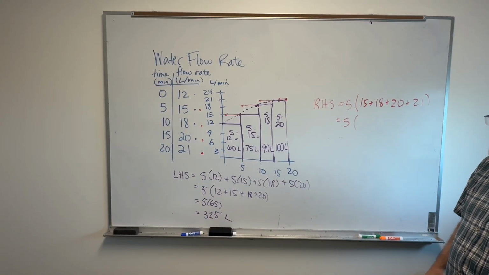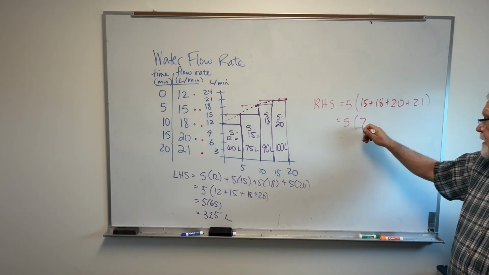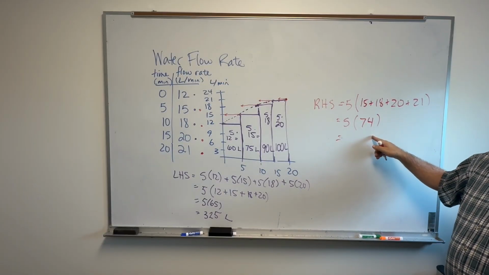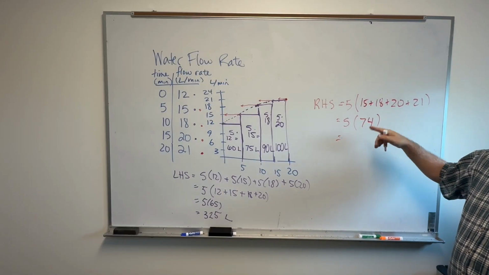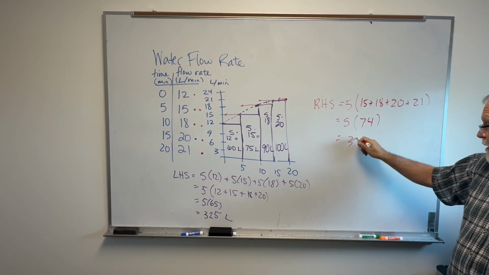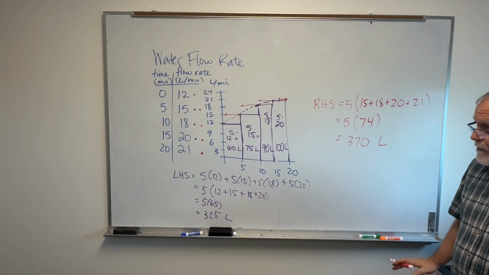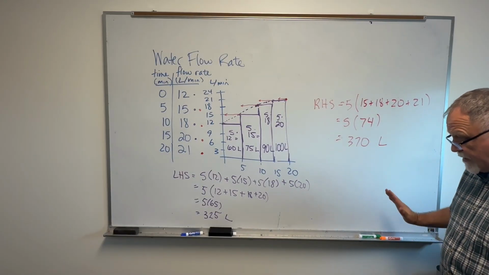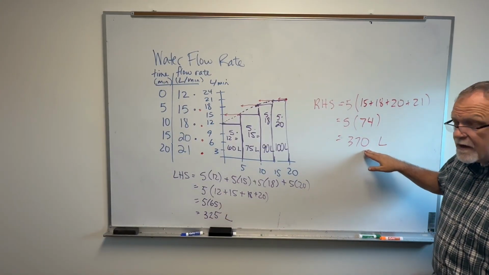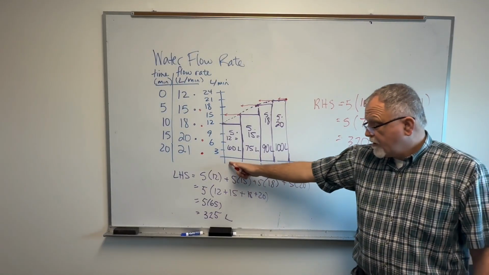That's the same as 37 times 2, which would be 74. 5 times 74 is the same as 10 times 74 divided by 2. 10 times 74 is 740, divided by 2 would give me 370 liters. So my estimate in terms of water flow is that between 325 liters and 370 liters of water flowed into the tank over this time period from 0 to 20 minutes.